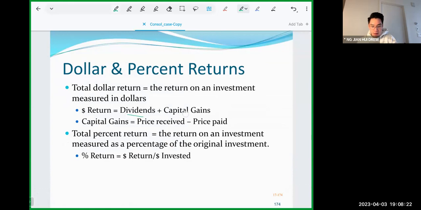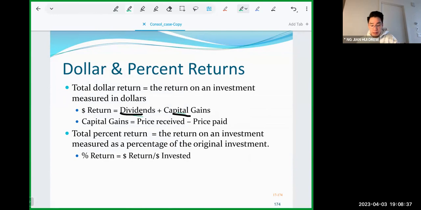Capital gains or dividends. So in the classic example of a stock, you have capital gains, and of course you get dividends as well, every semi-annual or every year. So those are the returns.